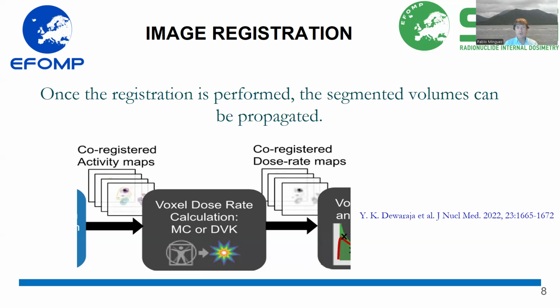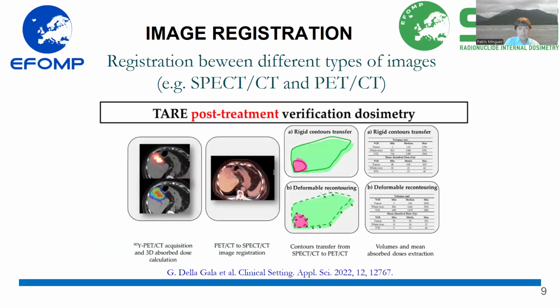For instance, if we draw the kidneys, we could propagate those volumes of interest, and then normally they don't perfectly fit in the other images, but we can slightly modify them. We could also register different types of images, such as SPECT and PET, as in this case of a treatment with microspheres.